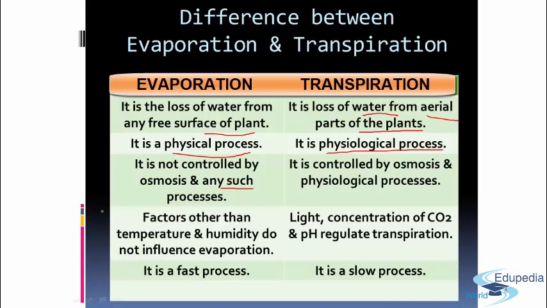Then the next difference is that factors other than temperature and humidity do not influence evaporation, but light, concentration of carbon dioxide and pH regulate transpiration. Then evaporation is a very fast process, but transpiration is a very slow process. So these were the major differences between evaporation and transpiration.